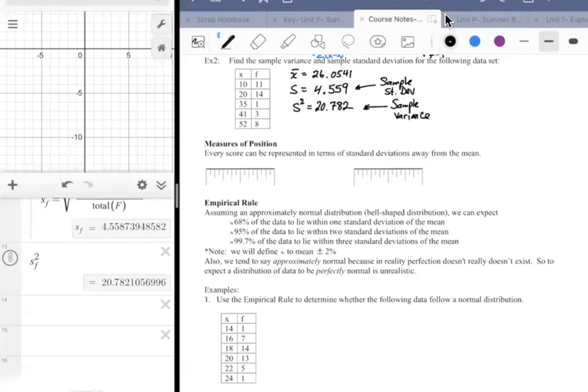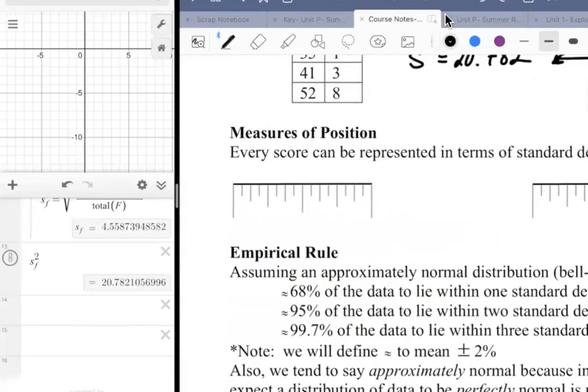Just a quick example: if I tell you that the mean is 0 and the standard deviation is 1, what I'm saying is that this ruler would be measured in terms of those standard deviations.